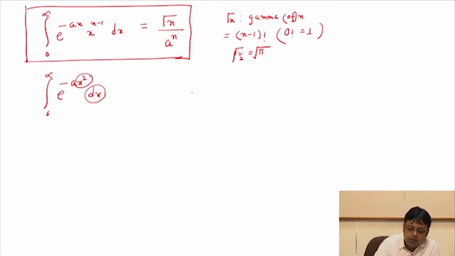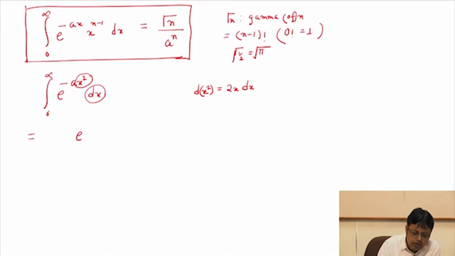So we know that d of x squared is nothing but 2x dx. So I have to multiply by 2x and I also have to divide by 2x. That is the idea. So just follow carefully.